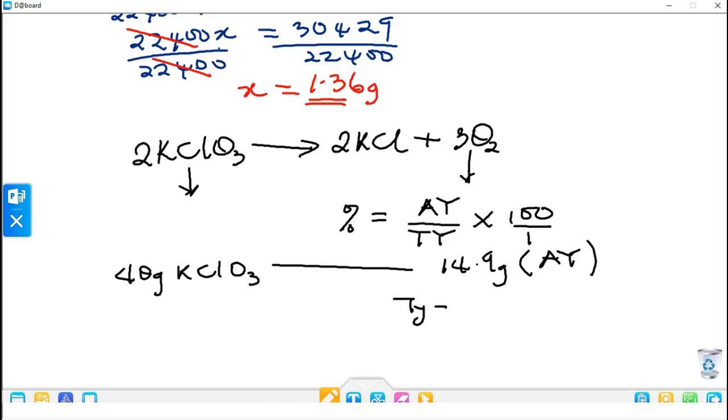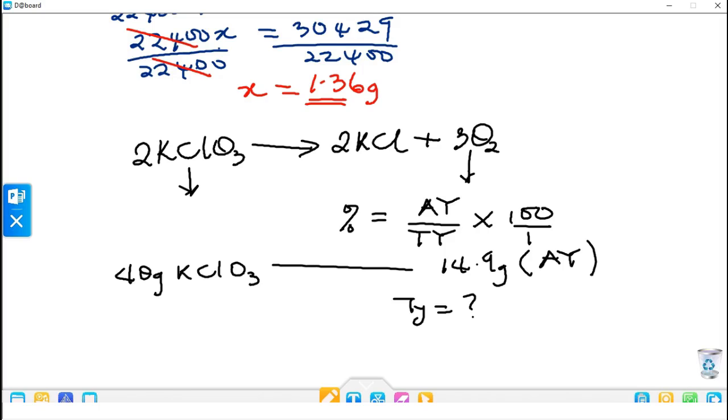So, to calculate our TY for oxygen, which we don't know, the theoretical yield, you can see the name theoretical yield. Theoretical yield means we are not doing it practically. It is by theory. That is to say, we are doing it here in the class, so it is not being done in the lab. But the AY of 14.9 has been done in the lab, and that is why it is the actual yield or experimental yield.